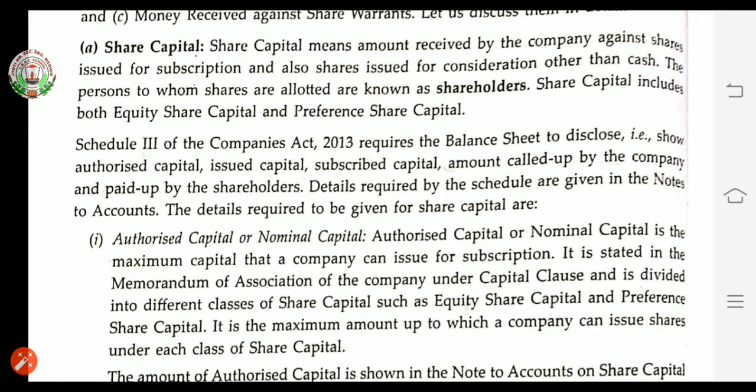The second term used here, consideration other than cash, means that if the company has purchased an asset and is not paying cash for it, it can issue some shares instead. That is called consideration other than cash. The persons to whom shares are allotted are known as shareholders.